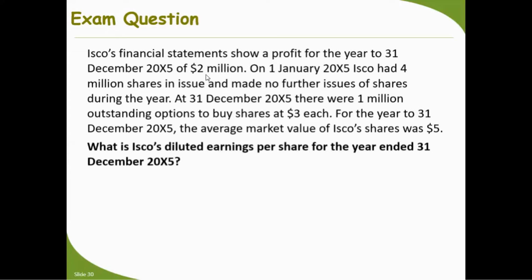Now look, profit attributable to ordinary shareholders is how much? $2 million. How many options do we have? 1 million outstanding options to buy shares at $3. Issuance price is $3 and market price is $5. So bonus element: 1 million times 5 minus 3 divided by 5, which is 2 by 5.